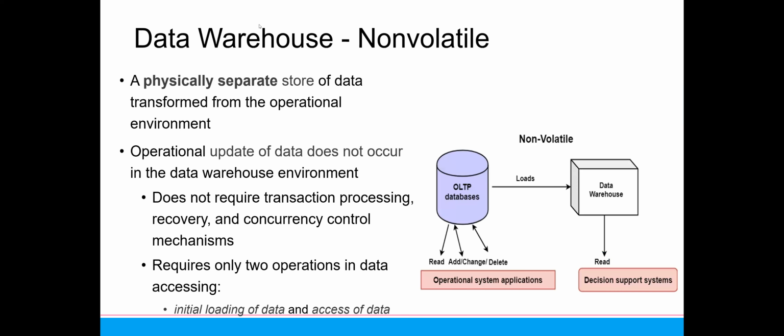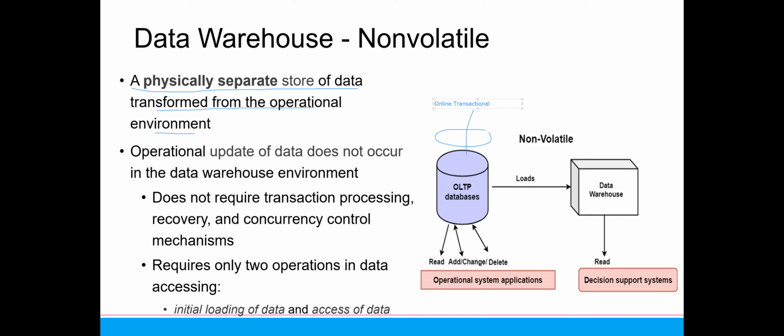And the data warehouse is non-volatile. It means that it is a physically separate store of data transformed from the operational environment. So we have this OLTP database. You still remember what OLTP is? It is online transactional processing.